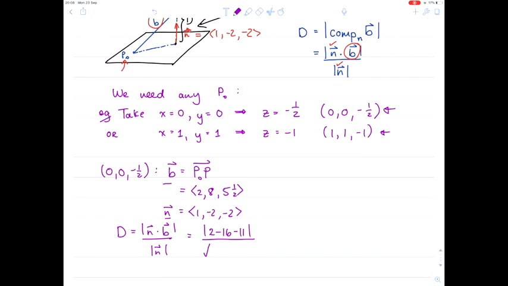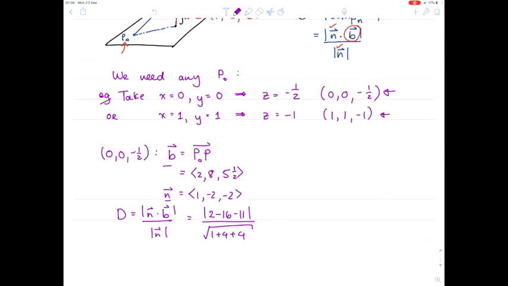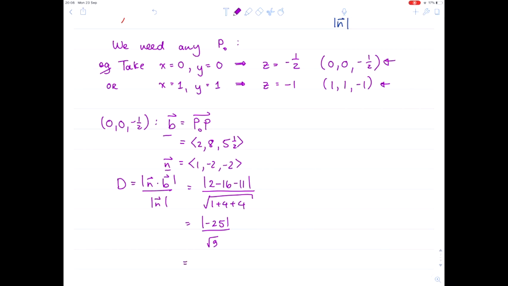So that's the root of 1 plus 4 plus 4. And if we pull that all together, we're going to get the absolute value of minus 25 over root 9, and so we finally get 25 over 3.